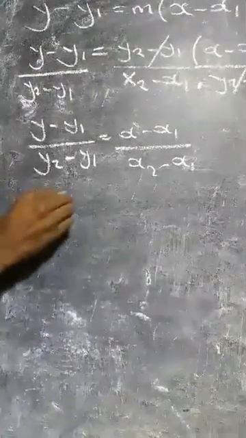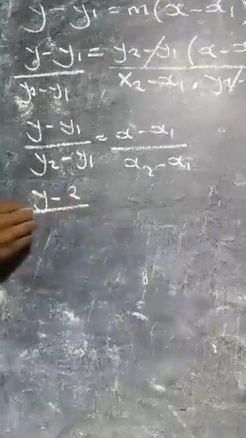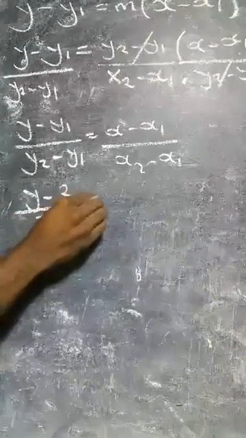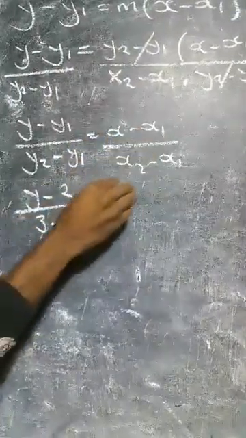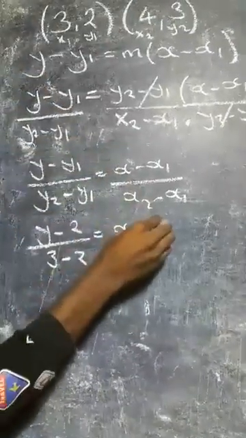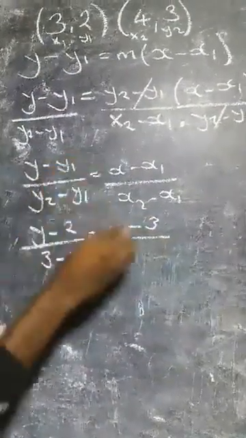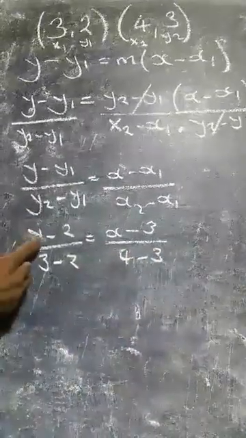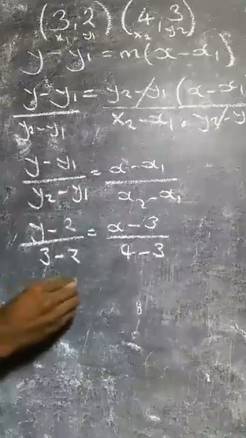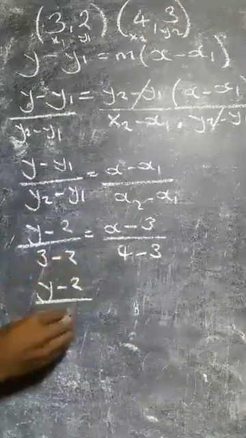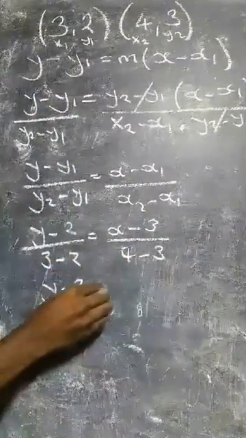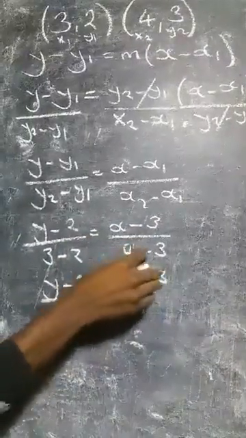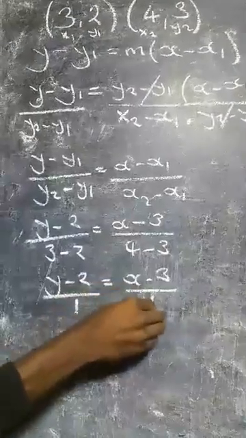Y minus y1, which is a 2, over y2, which is a 3, minus 2, is equal to x minus x1, of course, which is a 3, then x2 is a 4, so 4 minus 3. So y minus 2 over 3 minus 2, that's a 1, of course. Then x minus 3, over 4 minus 3, that's a 1.